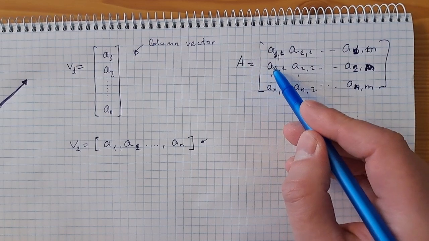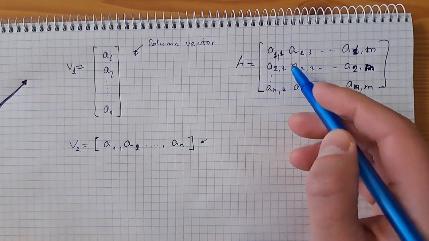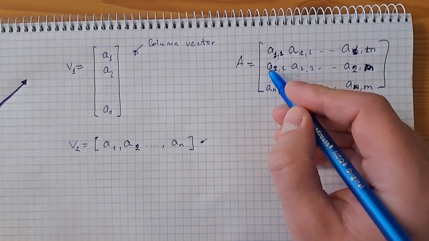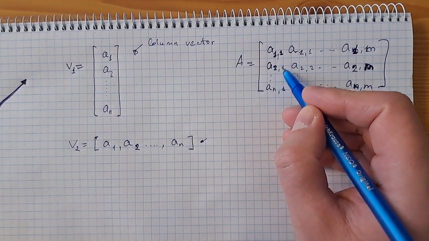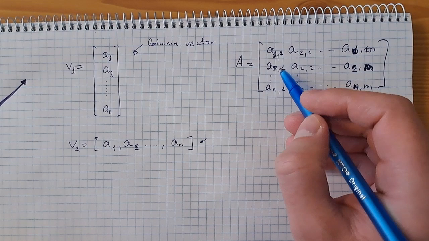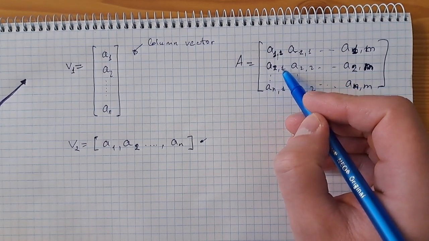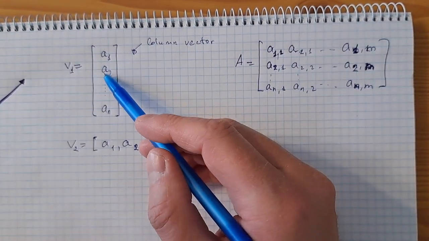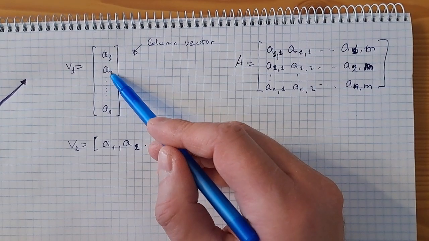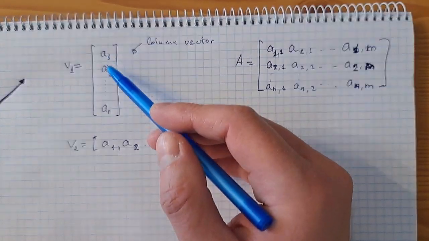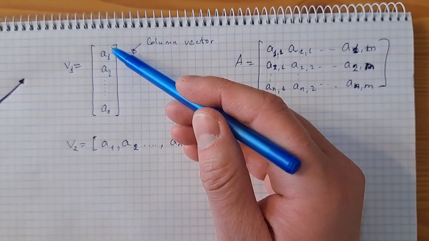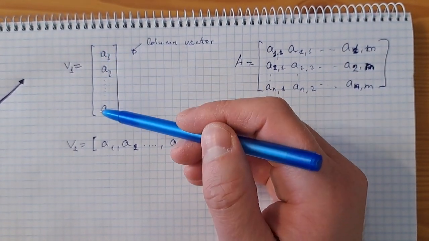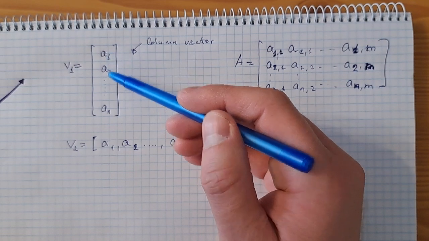And for the matrix, if you take a look at the second element, it's again A2, comma 1: second row, first column. And for the vector, we have only 2 here because we know that a vector is just a list of numbers, and if it's a column vector, we just have 1 column.